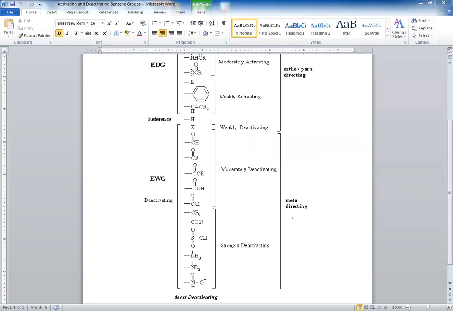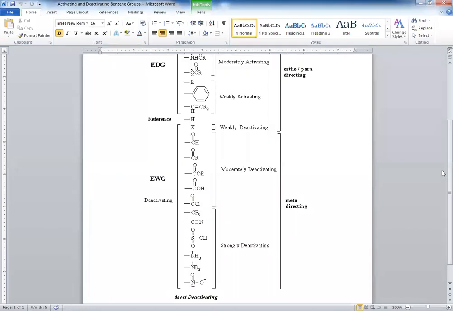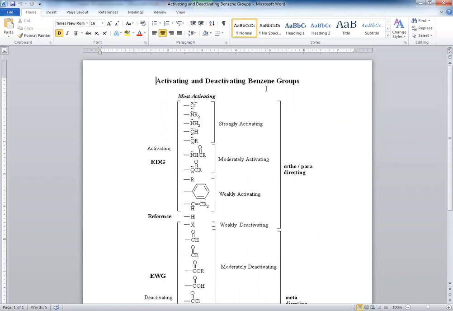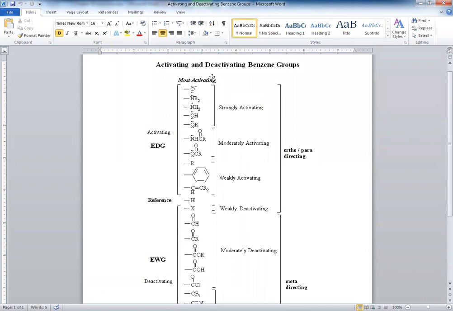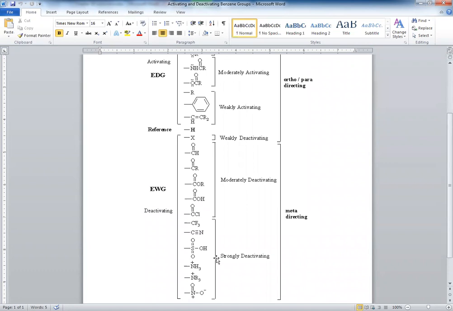Let's show you something here. This sheet is available on Brightspace, and you can use it. This one has them listed for you. It's called the activating and deactivating benzene groups. You have the most activating all the way down to the most deactivating.